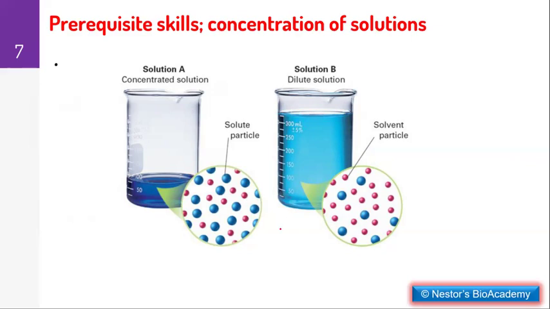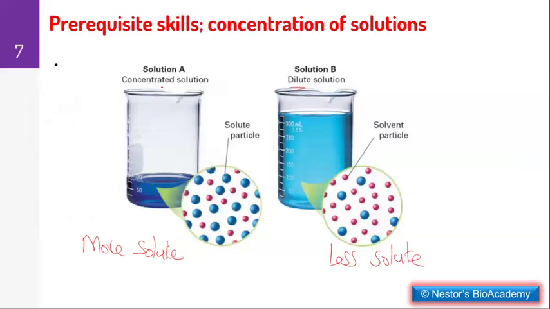So when a solution is said to be concentrated, it has more solute concentration compared to another solution. A solution is said to be dilute if it has less solute concentration.